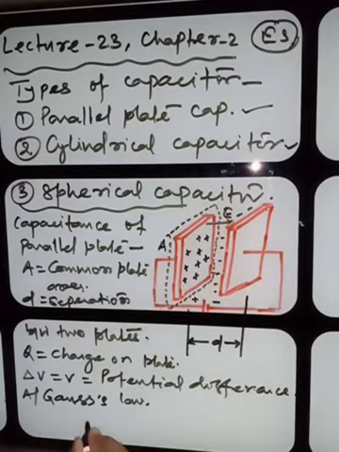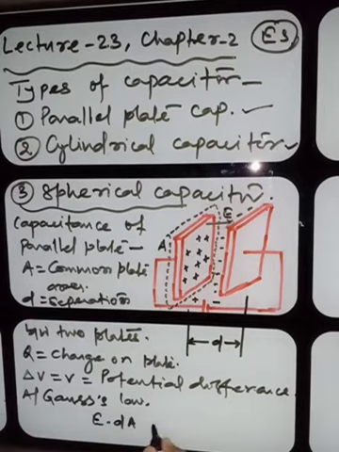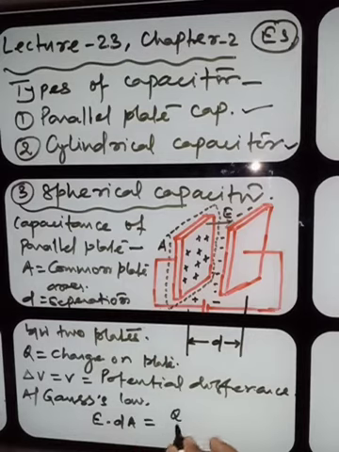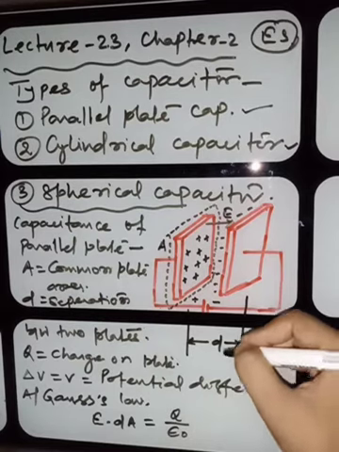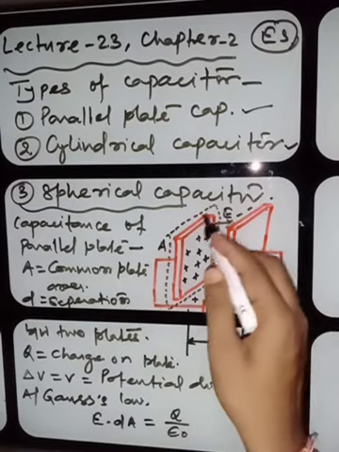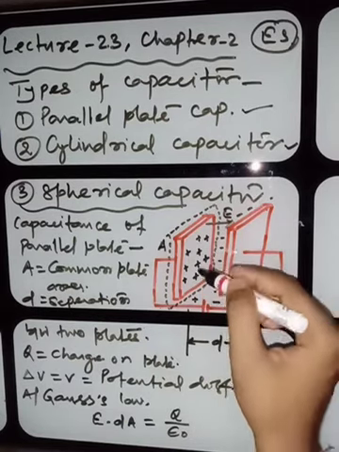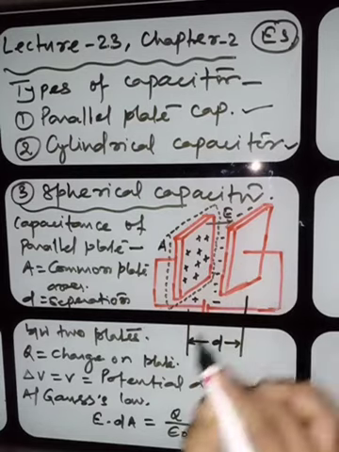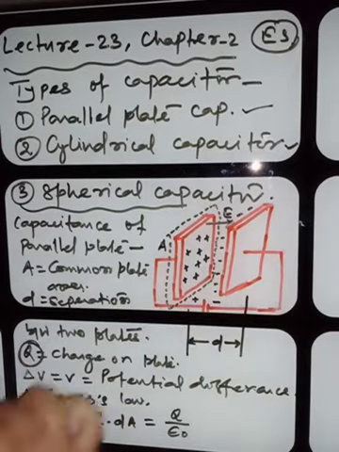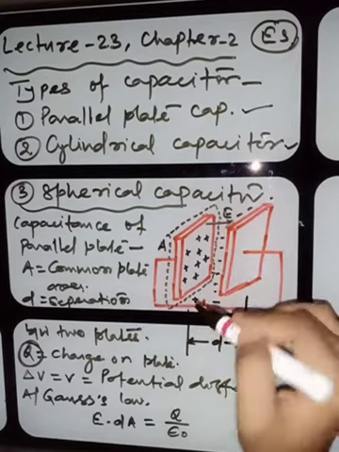Now I'm applying the integral of E dot dA, the electric field and area, which equals Q enclosed by epsilon naught. What is the Q enclosed, my dear students? It is the charge enclosed by this Gaussian surface, which is the total charge Q we have taken here.